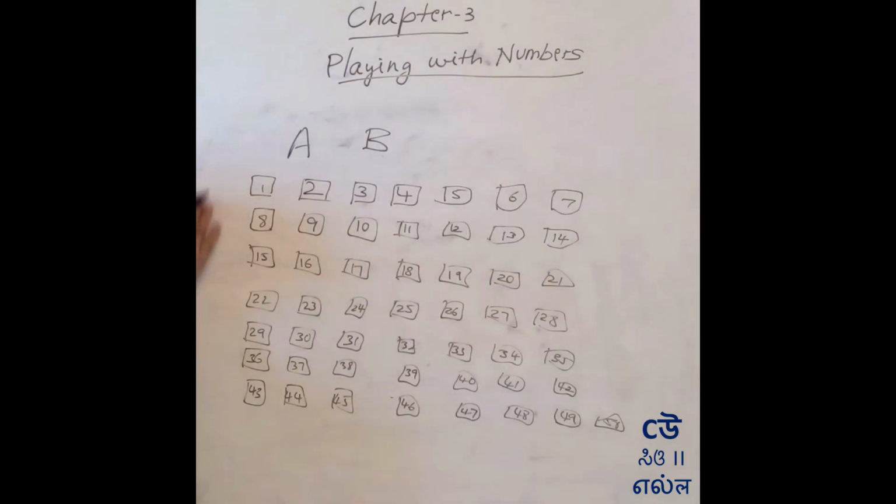So here we have arranged the cards from 1 to 50 in a continuous order.